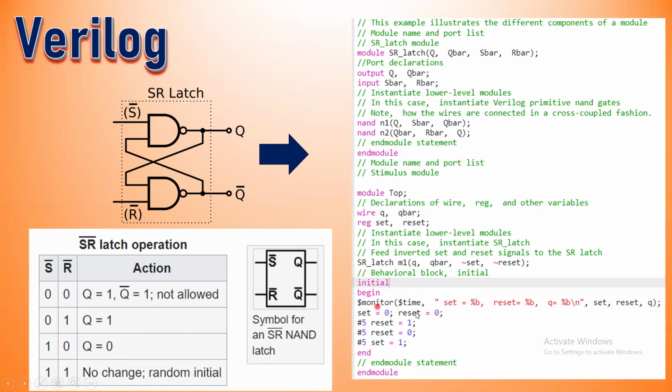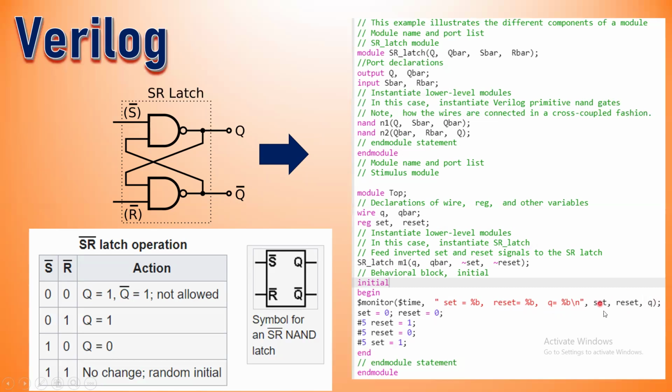It is monitoring, at the specified simulation time, the two variables, set and reset, which are going to change their values. B stands for binary, that's why the B letter is used, and Q is the output net or the wire. The \n is just like printing the output at the next line, and then comma set, reset, q.